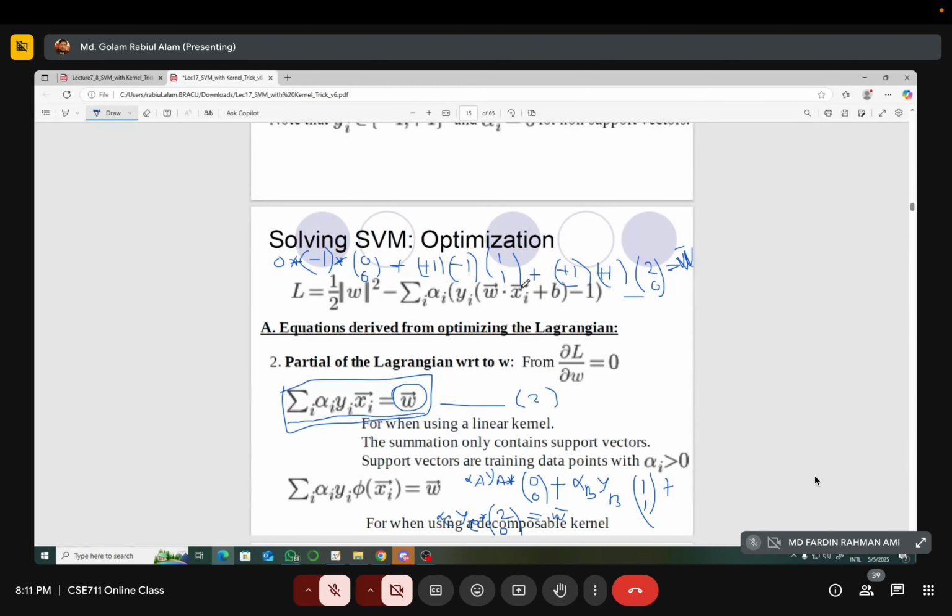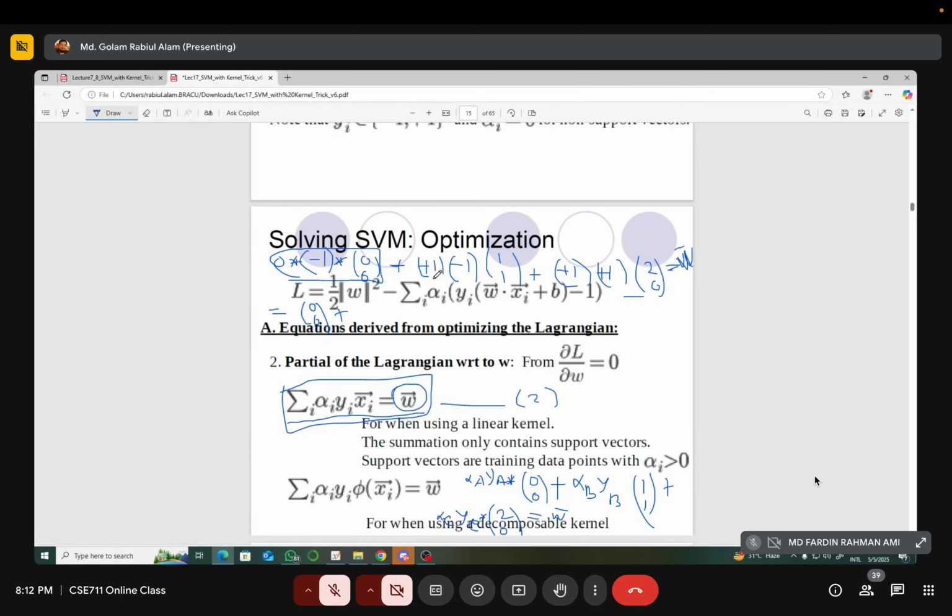Now what we have to do is the math. Here 0 times this vector, we will get 0 0, and then from here next 1 and here is the minus 1.